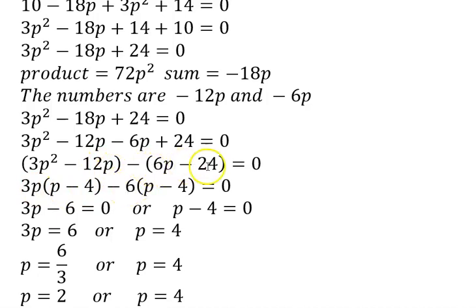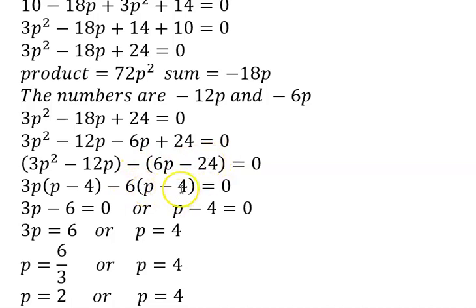Awesome. Now what is common in the second part? We have 6 here, we have 6 here. If you bring out 6 here, what will be left here? p. If you bring out 6 here, what will be left here? 4. Because minus 6 times p gives what we have here, and minus 6 times 4 gives what we have here.